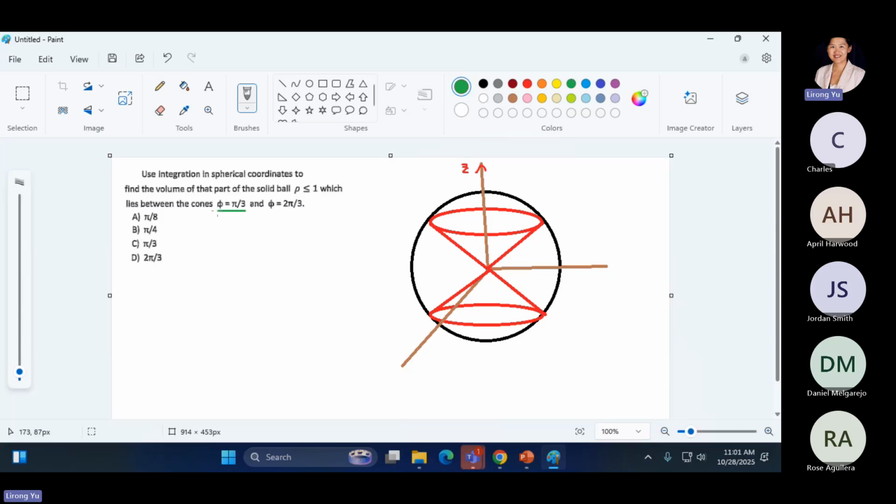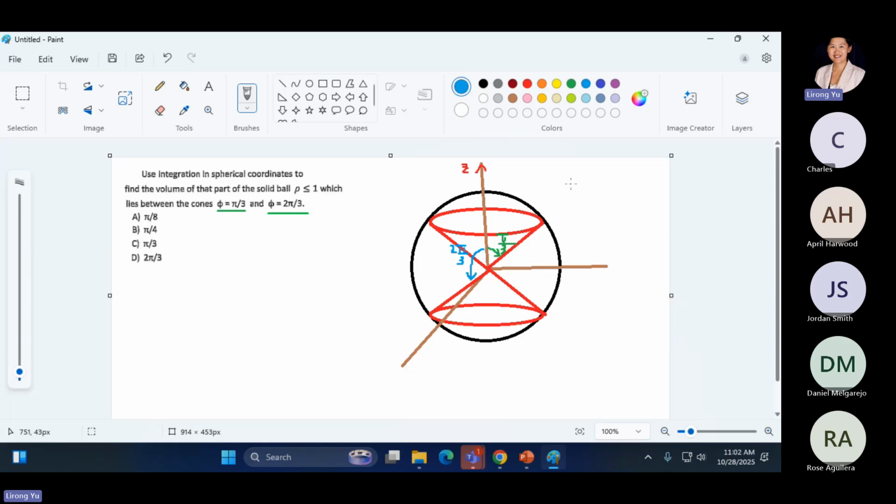The first angle is phi equals pi over 3, so from here to here, this angle is pi over 3. The other angle is 2 pi over 3, all the way from here to here. So between these two angles, that's the volume we're calculating.